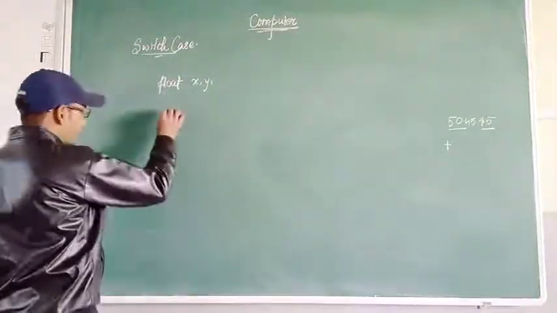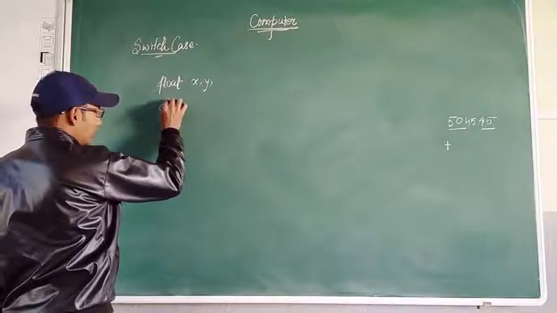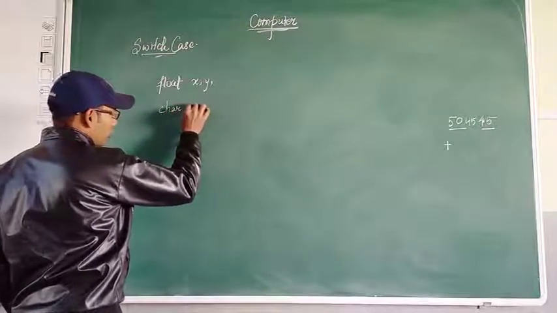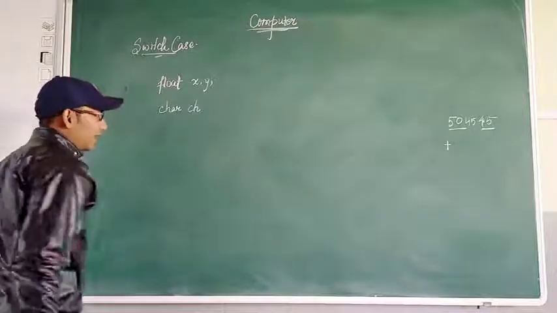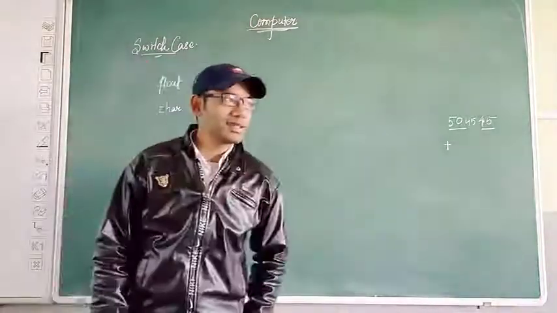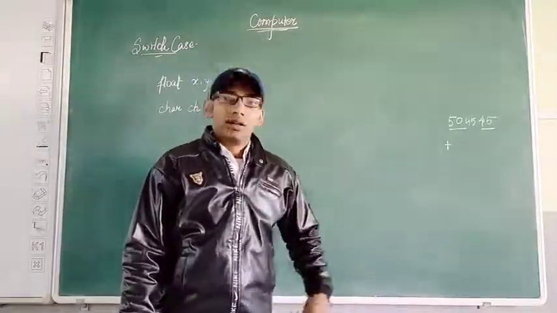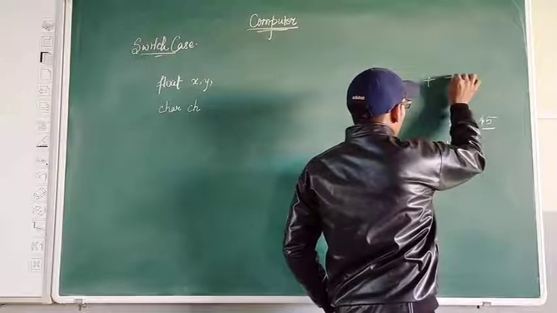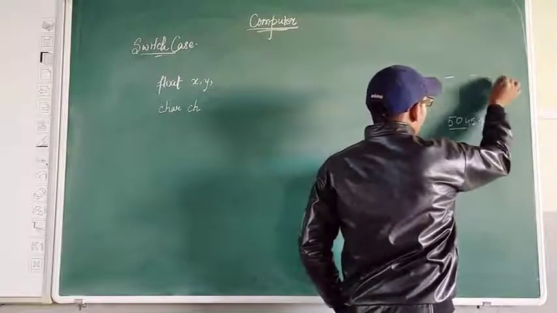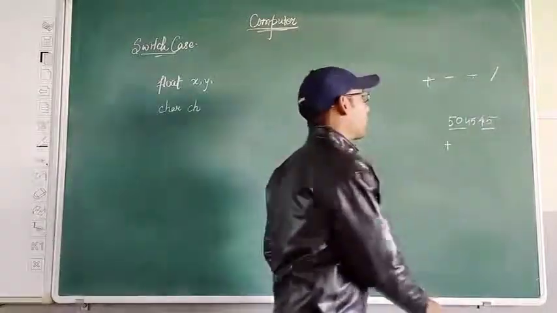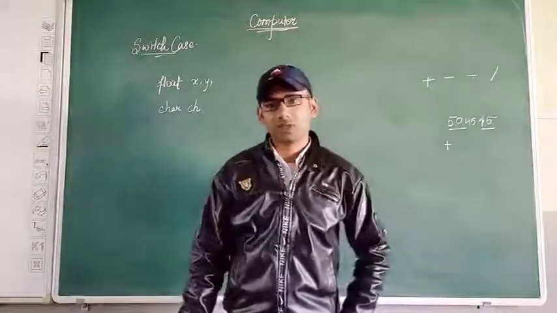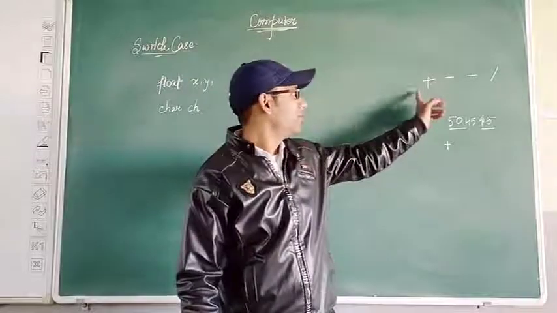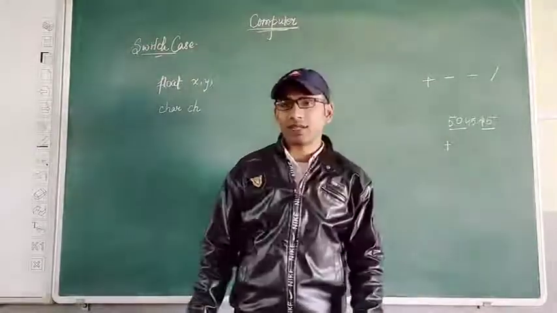Now char ch. Why char ch? Plus, minus, division, multiplication. These are the four options that the user can give.